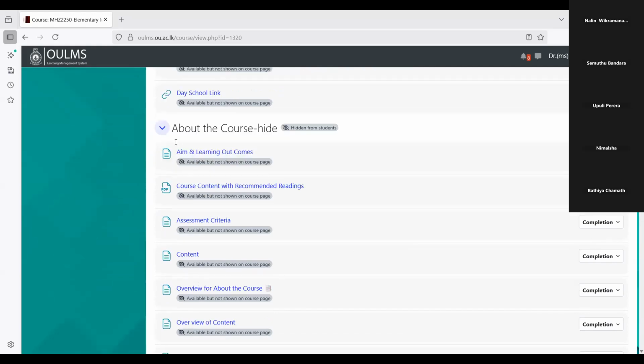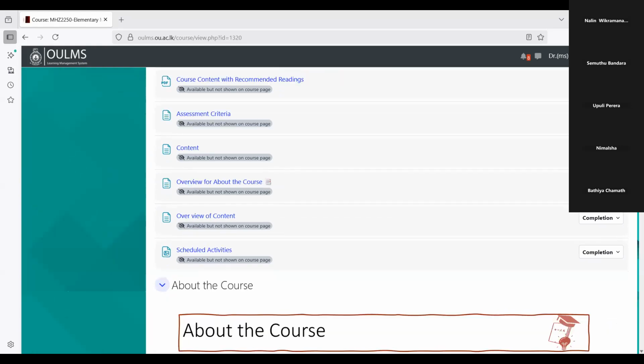And all the details about the course are given in the LMS also: aim, learning outcomes, course content, the assessment criteria. Those things are given in the LMS.